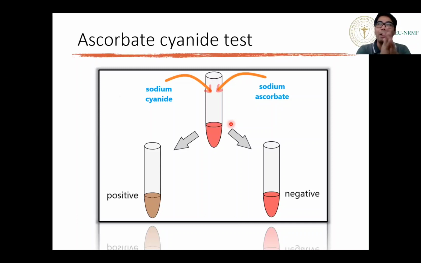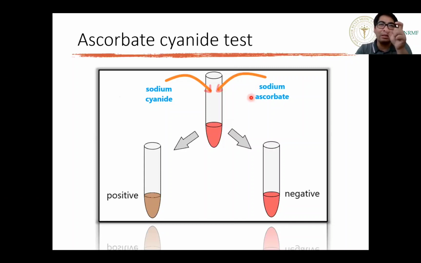Remember, hemoglobin plus sodium ascorbate will form peroxide, and hydrogen peroxide will cause brown color in our blood specimen. To prevent the brown color formation, you must have sufficient reduced glutathione so that the peroxides will transform into non-toxic substances such as water and oxygen, and will not lead to brown color formation.